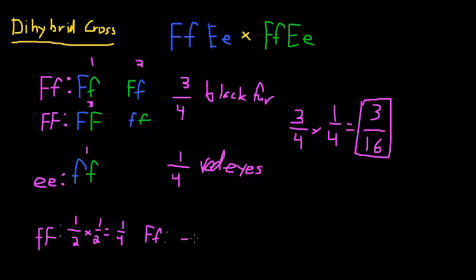So two possible things. The first parent can give off either dominant or recessive, and the second parent has to give off the other one. That's 2 out of the 4 possible because there's 2 different alleles each. So that's 1/2.